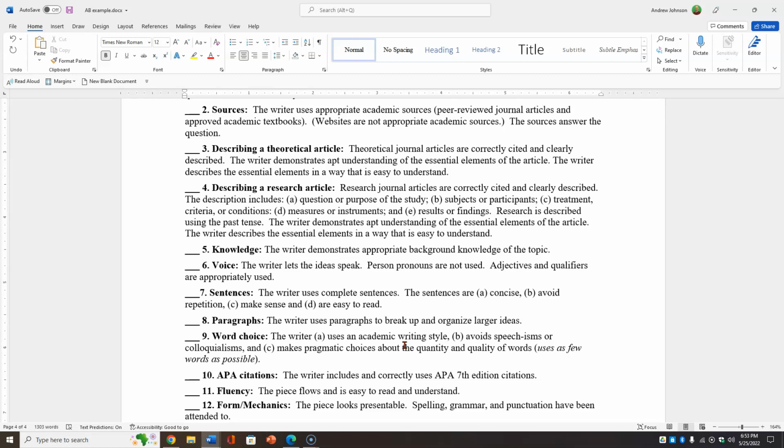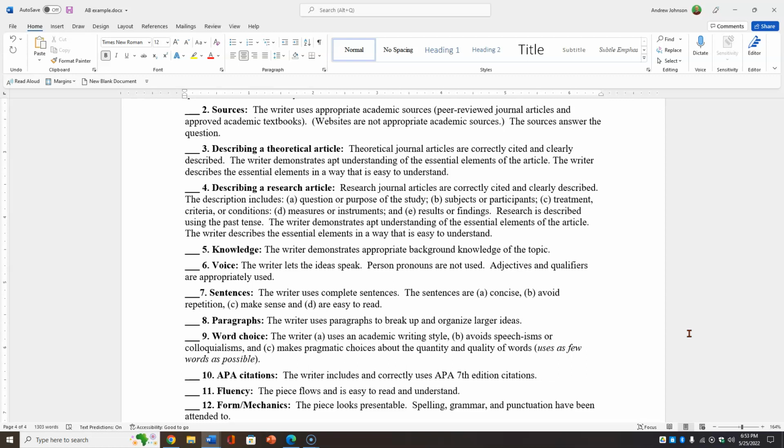You want to use as few words, but you want to describe it fully. Make sure you use complete sentences, concise, avoid repetition. And here's the thing, when you're writing an AB, sometimes you may describe the same idea twice, and that confuses the reader because we wonder if we didn't get it the first time. So avoid repetition, make sure the sentences make sense and are easy to read.